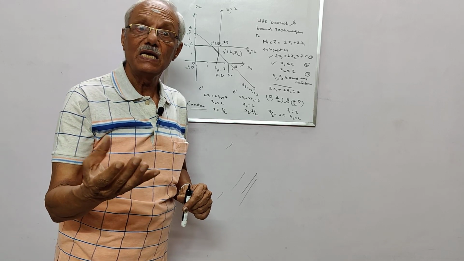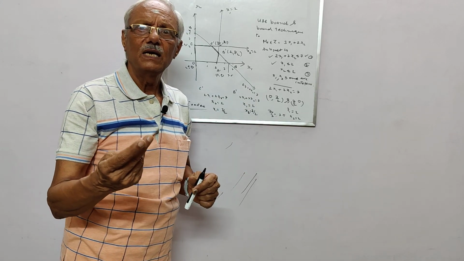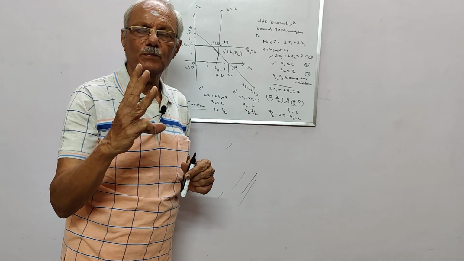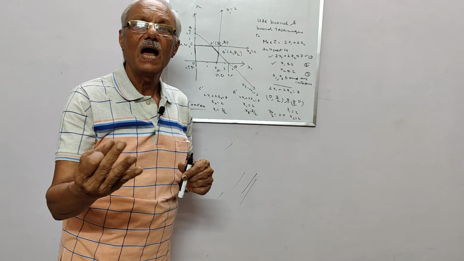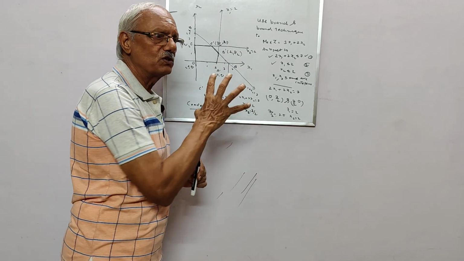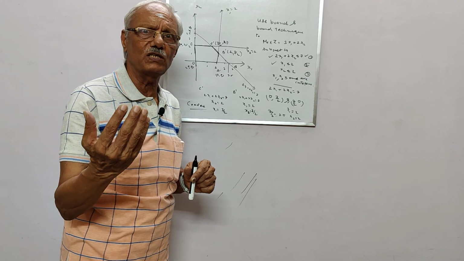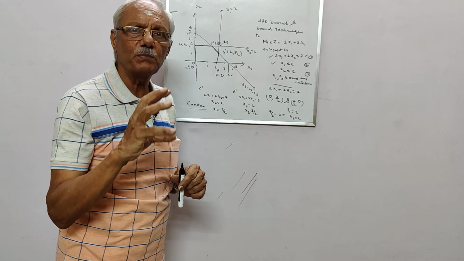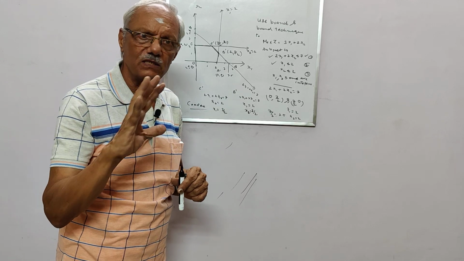Unbounded solution can be there, infinite number of solutions can be there, and no solution is possible. So there is every possibility in such problems that you can have an unbounded solution or an infinite number of solutions. But in this particular region, you do not have such complications.